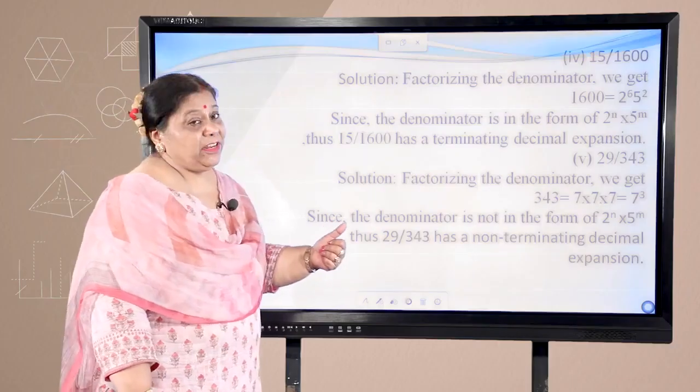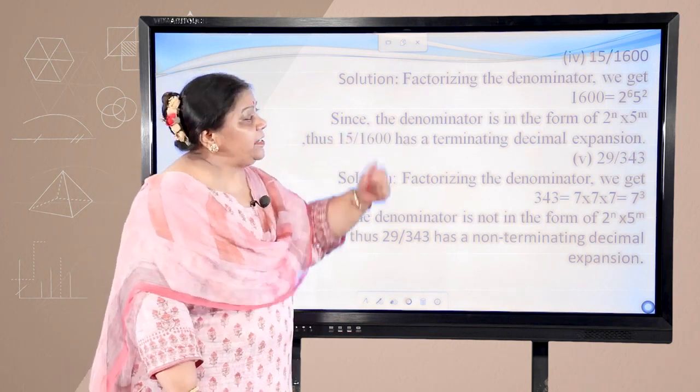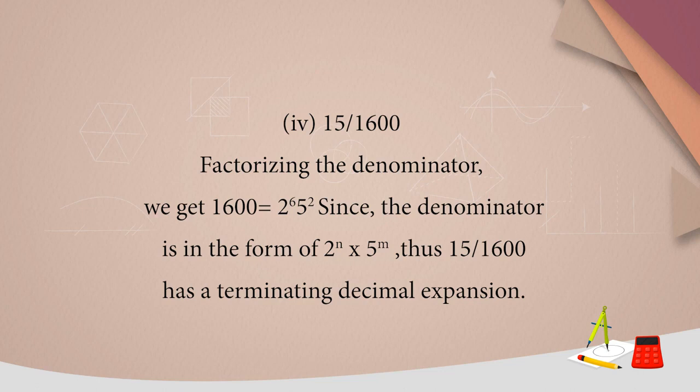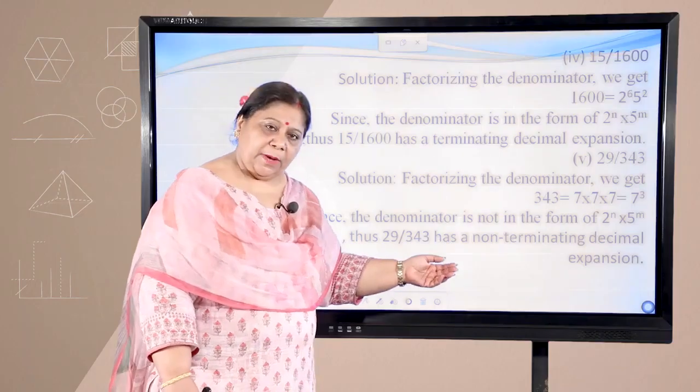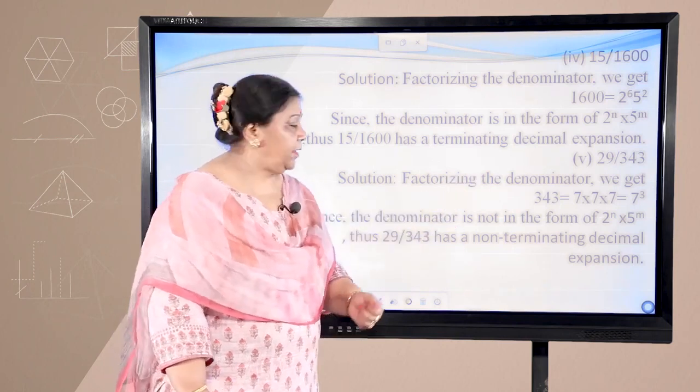Next question is 15 divided by 1600. Here, factorizing the denominator, we get 1600 as 2 to the power 6 into 5 to the power 2. Since the denominator is in the form 2 to the power n into 5 to the power m, thus 15 upon 1600 has a terminating decimal expansion. Let us see the next part. 29 divided by 343.